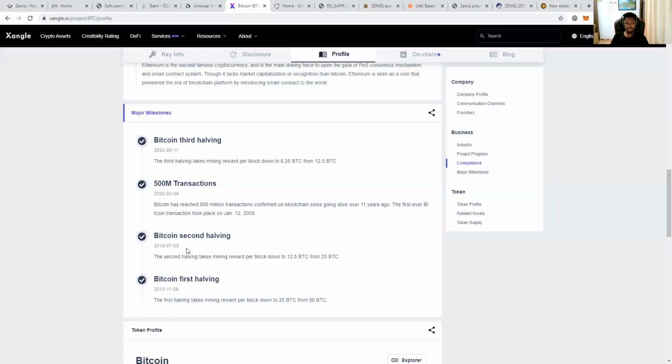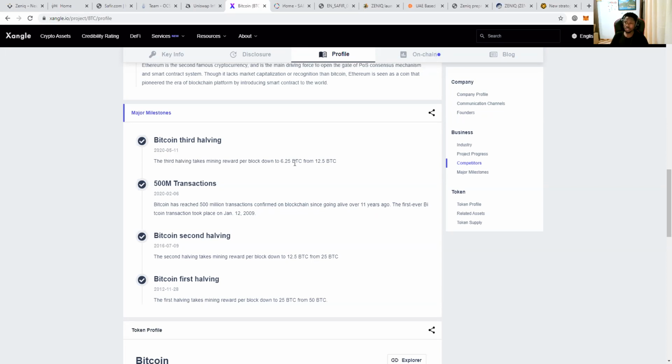So the second halving took effect on the 9th of July 2016, that is a 4-year interval, and the 25 BTC that was being mined on average went to 12.5. Of course, we move all the way to 2020, that is May 11, and BTC experienced the third halving.